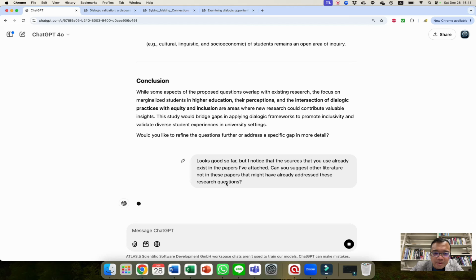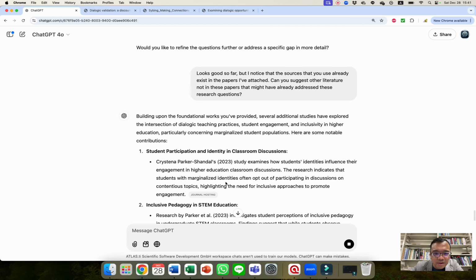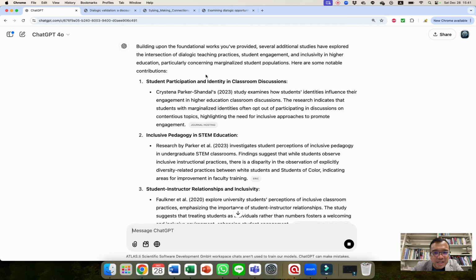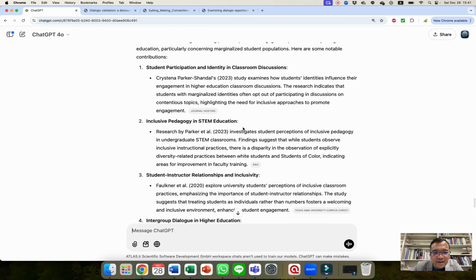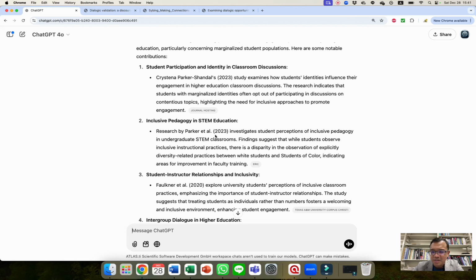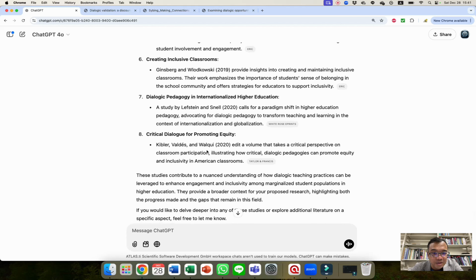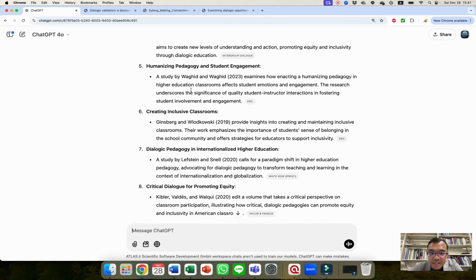And now we'll search the web, because I don't think it was searching the web before. So now student participation and identity, inclusive pedagogy and STEM, because a lot of my research was not based on STEM research. And so that might be an important thing to look at, student-instructor relationships and so on. So Lepstein and Snell again, Ginsberg and Wladkowski, excuse me.